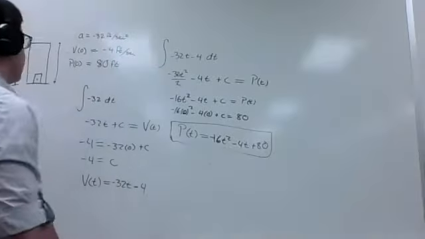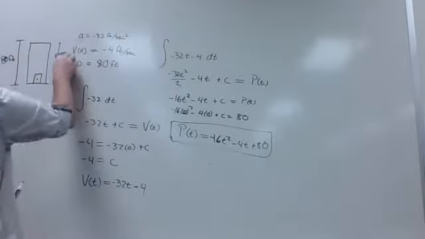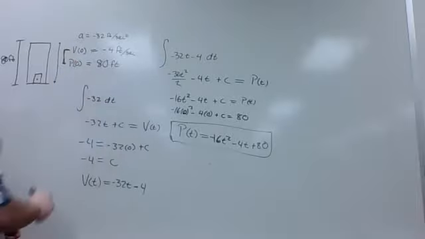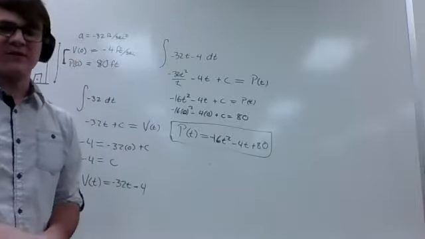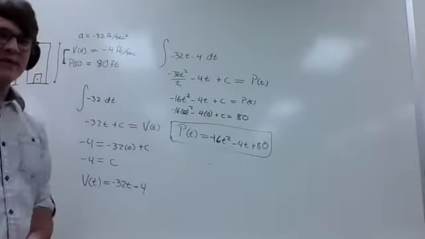And so on these questions, it's important to recognize that if we're going to have two initial values, we're going to have to do the process twice. A lot of times on initial value problems, we've only ever done it once.